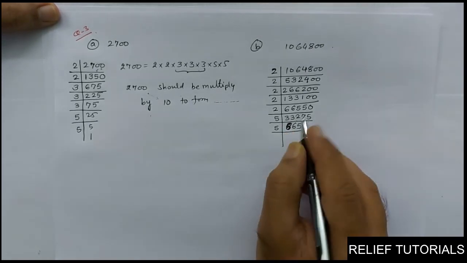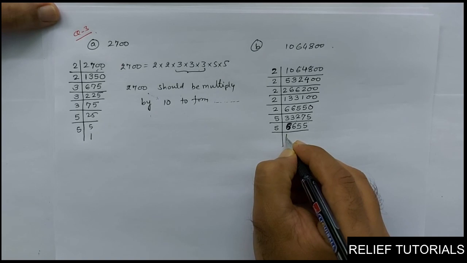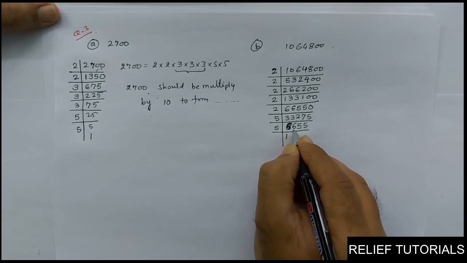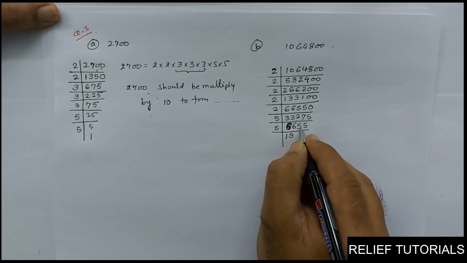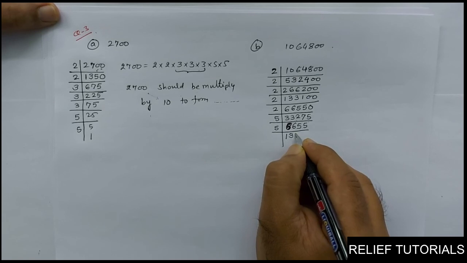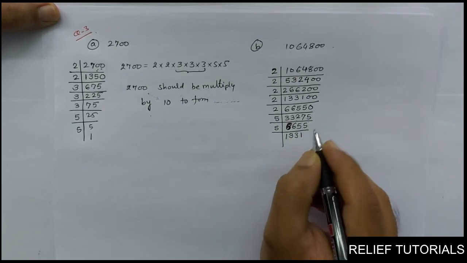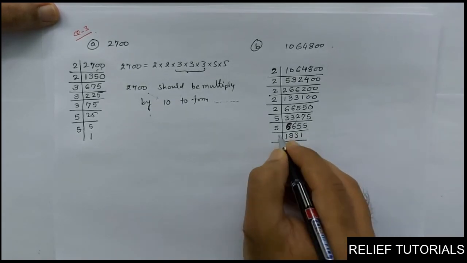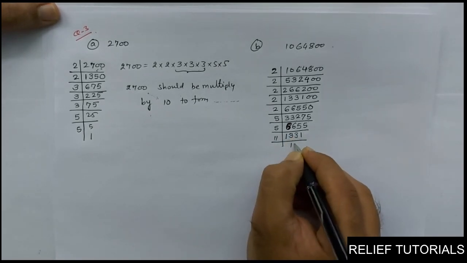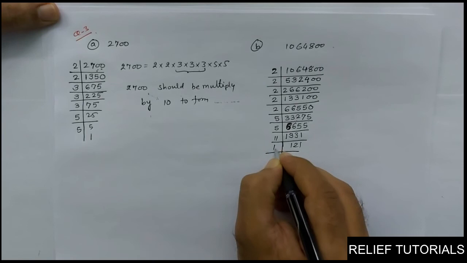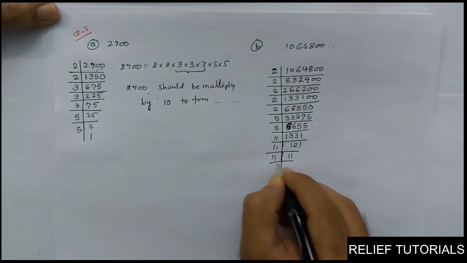Again 5, so 5 ones are 5. 5 threes are 15, so 5 threes are 15 and 5 ones are 5. Now it is 11 cubed, I think, so it is 11, 11 and 11.